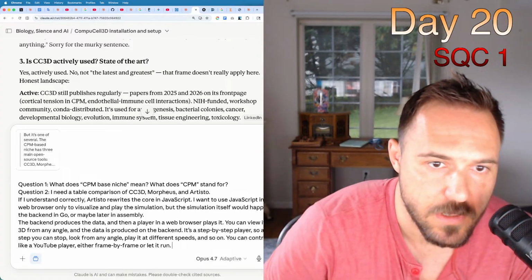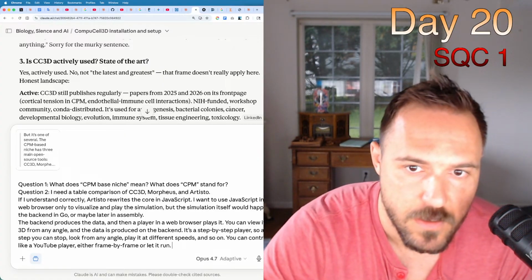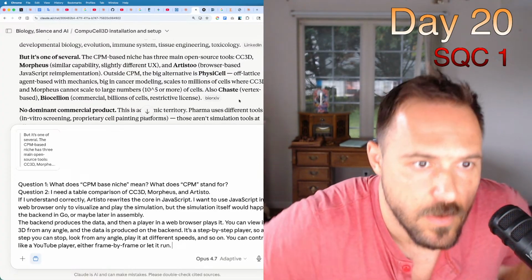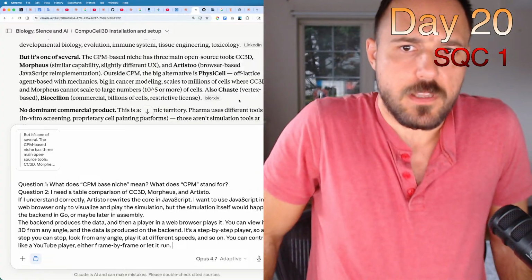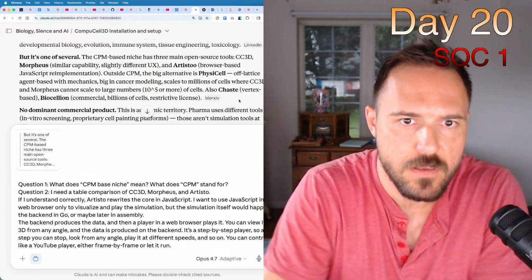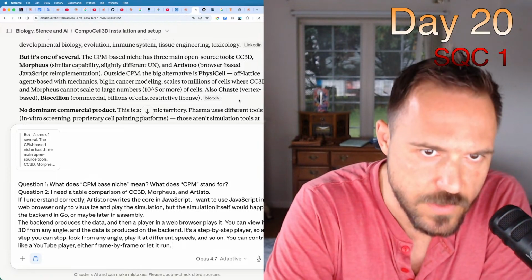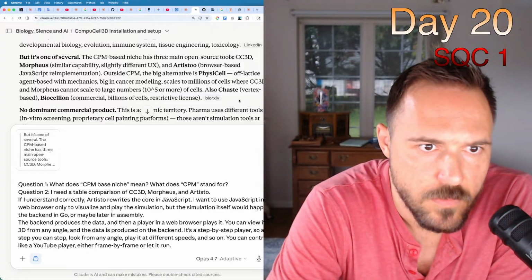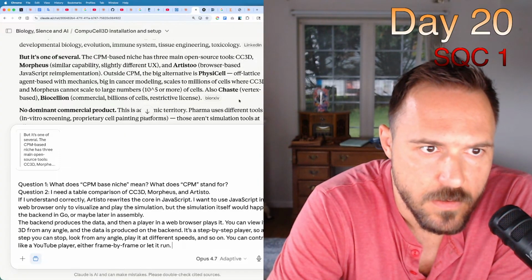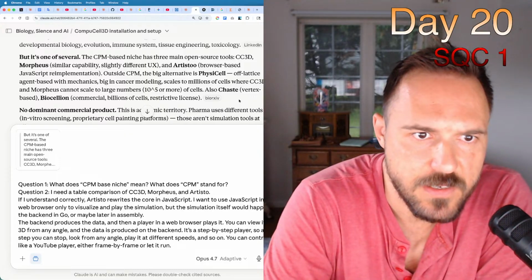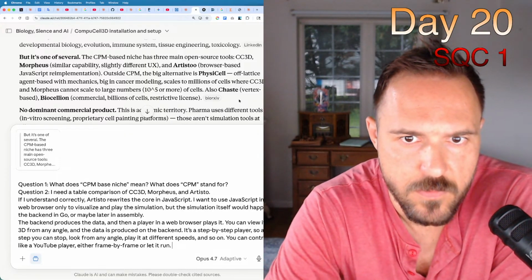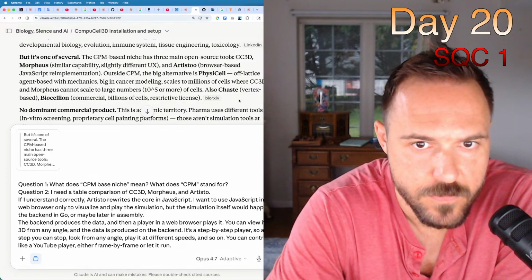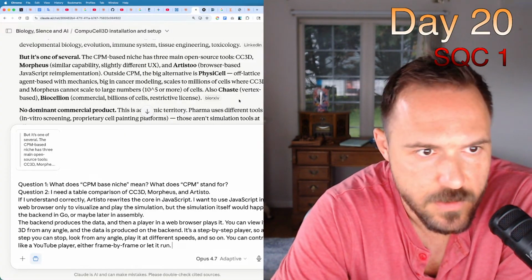In a comparison table, definitely tell me the adoption: who is using what more, where it's adopted, and also tell me about a different space. You said outside of CPM, agent-based with mechanics, PhysiCell.